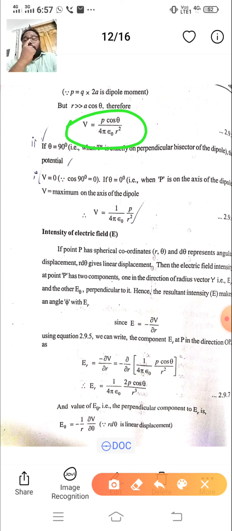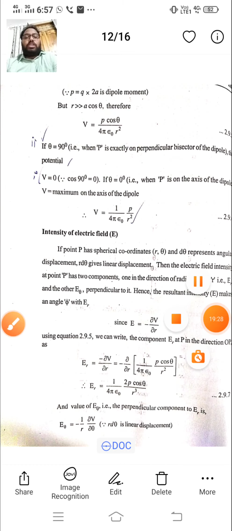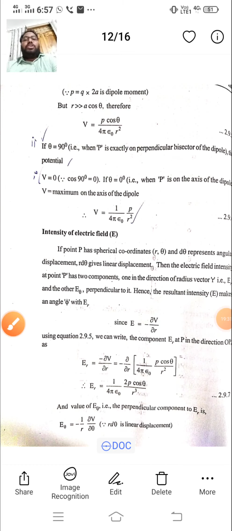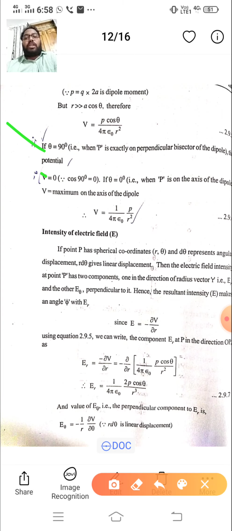If theta equals 90 degrees, which is the perpendicular bisector of the dipole, then cos 90 becomes 0, so there is no potential: V equals 0.